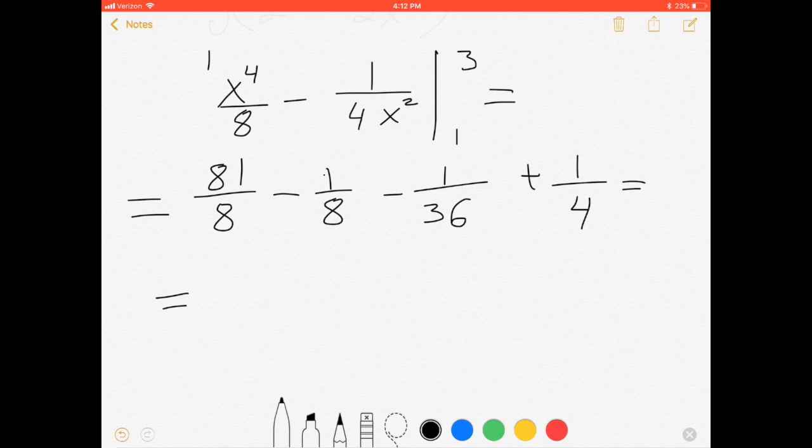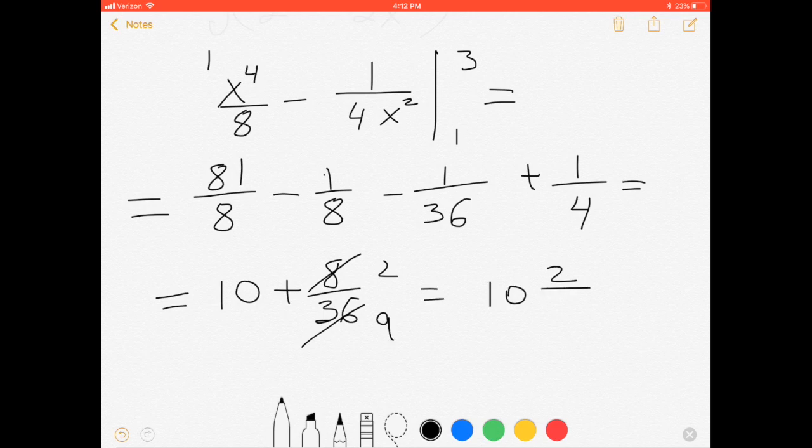It will be 10 from the first two terms, and here is 9 minus 1 plus 8 over 36. I think this will be 2 over 9. This means 10 and 2 9ths.